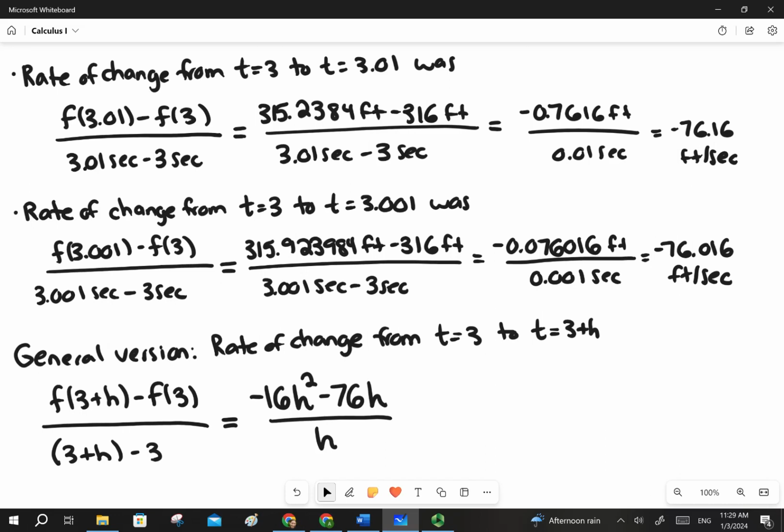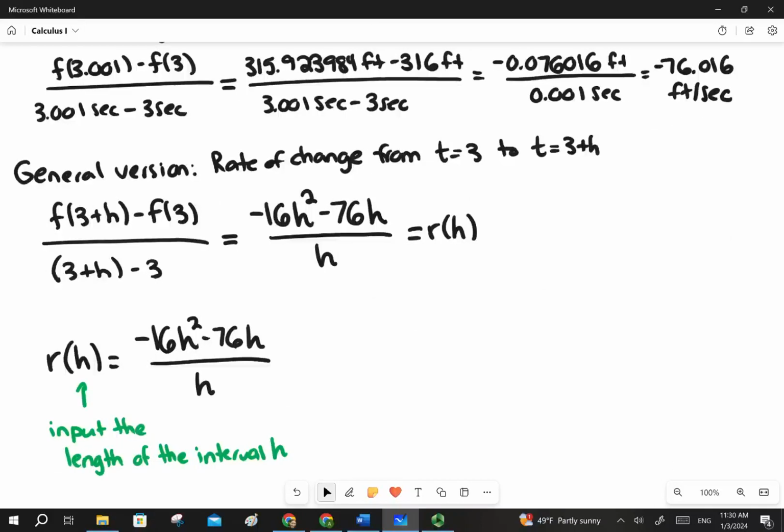So let's think about what we did in a different way. What if we had started by determining that the average rate of change for the interval t equals 3 to t equals 3 plus h was given by the function r of h equals negative 16h squared minus 76h over h?